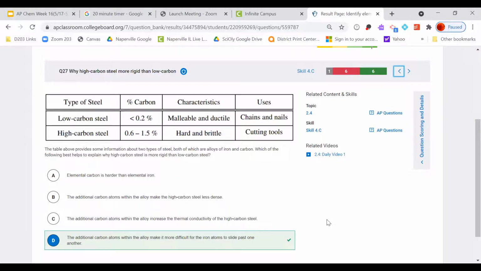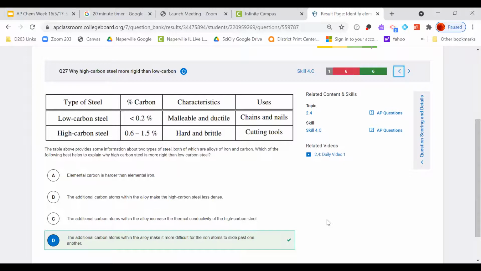So remember, metals have metallic bonds in them. And so they have that sea of valence electrons. They are delocalized. They do not belong to any one cation. So therefore, if I introduce something into the metal and make it an alloy, it will change its properties.